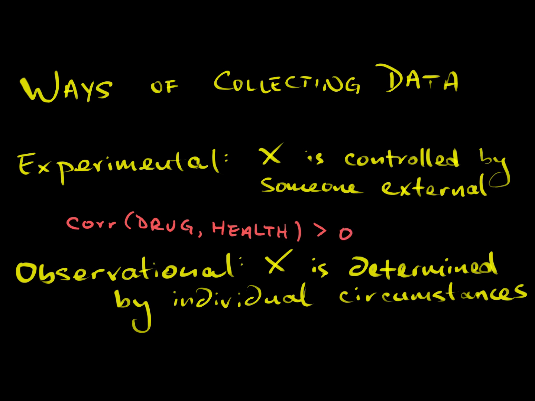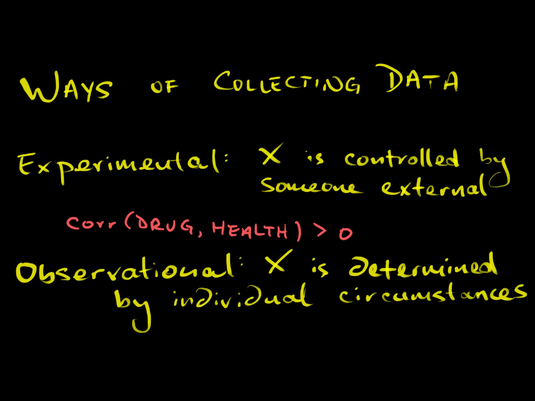Because if everyone starts out the same and the researchers randomly decide to give the weight loss drug to some fat people and randomly decide to give the placebo to other fat people, and they do the same with the skinny people, then we would expect to see a positive correlation between the drug and health.